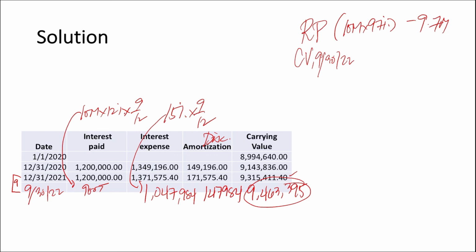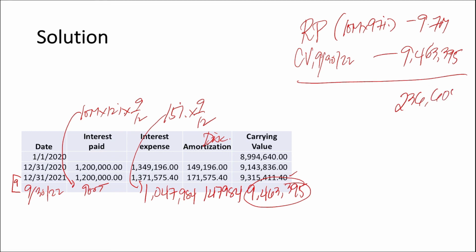Huwag mo isama yung interest sa retirement price. May sariling accounting yung interest. Okay? Versus CV. 9,463,395. How much is the difference? 236,605.